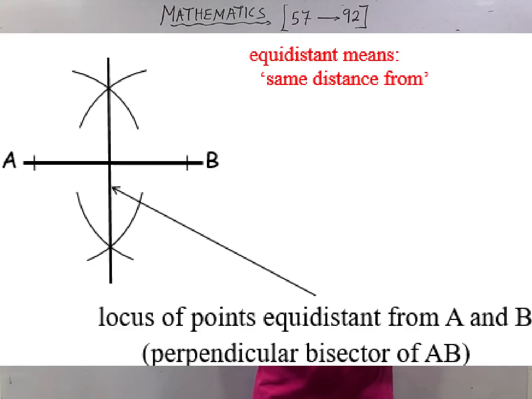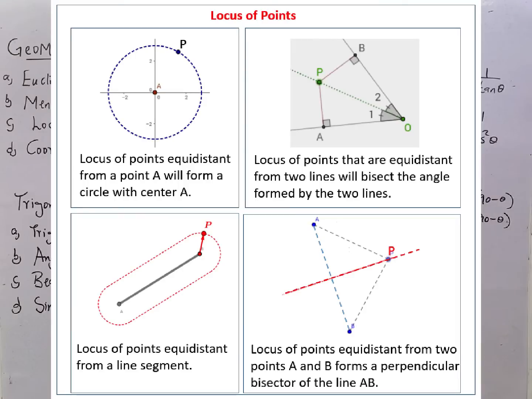Now, when it comes to locus formed by arcs and circle, you should know that the locus of a point which moves so as to make a constant angle in a circle is an arc of the circle.